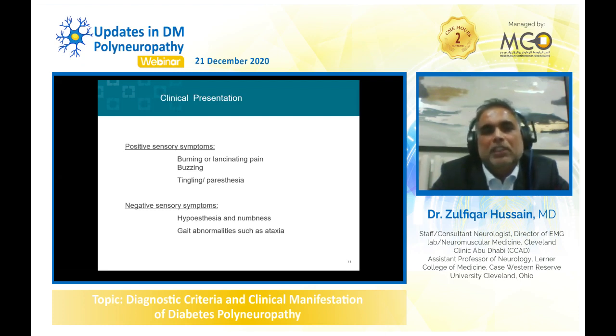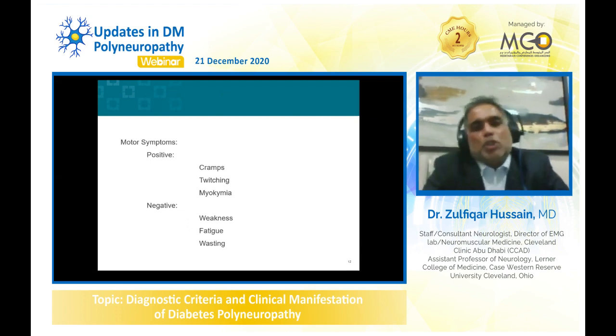It can have different characters. It can be burning, buzzing, tingling, paresthesias. Those are the positive sensory symptoms, followed by the negative symptoms: hypesthesia, numbness, and gait abnormalities such as ataxia.